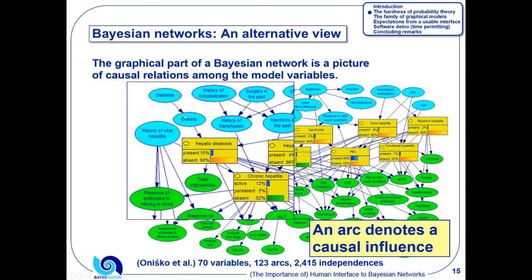It's a cause, one of the causes of obesity. Obesity is a causal factor for hepatic steatosis, which is one of the diseases of the liver. In short, an arc denotes a causal influence. That's another way of viewing Bayesian networks. And there are also good empirical reasons for viewing them that way. I'm not sure I will be able to get into that, so let's just take it as a given.